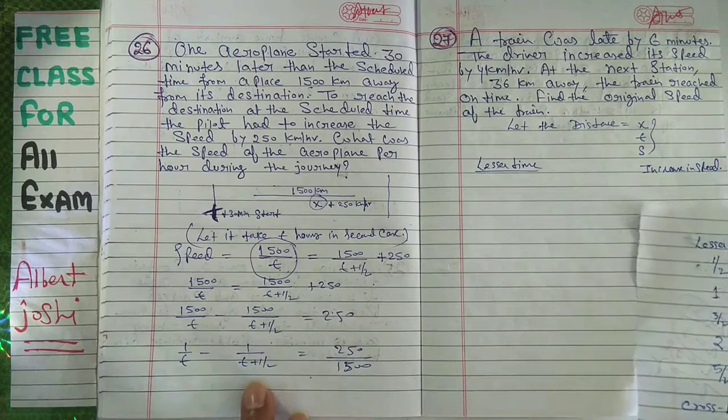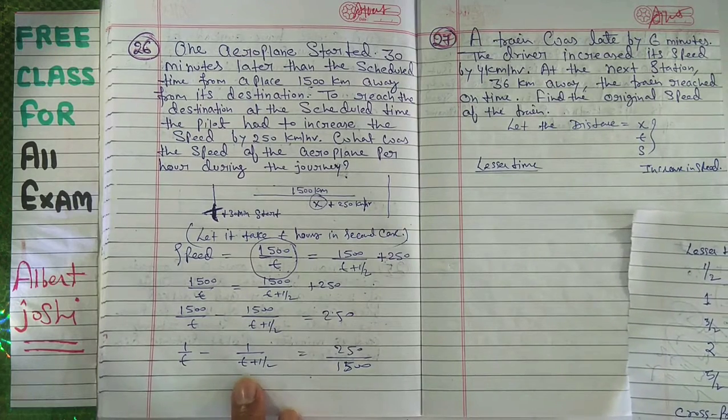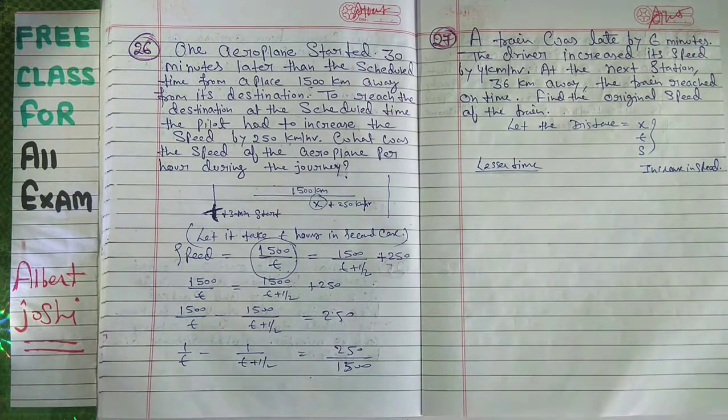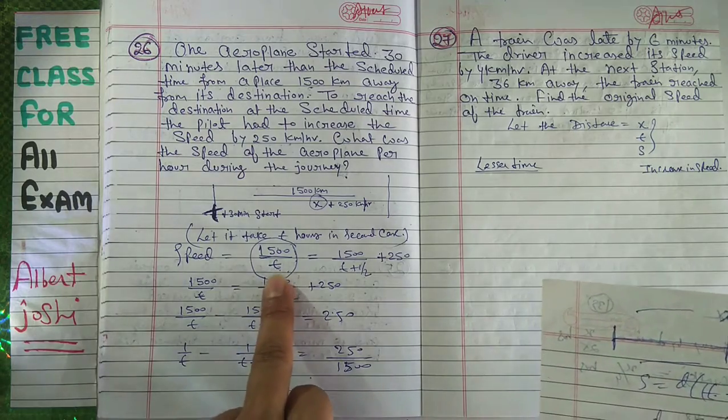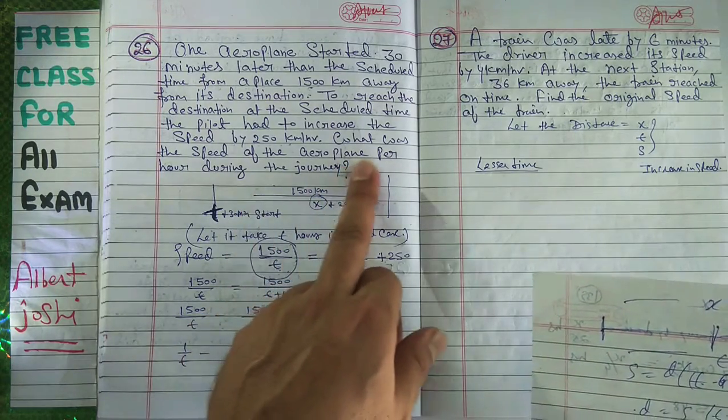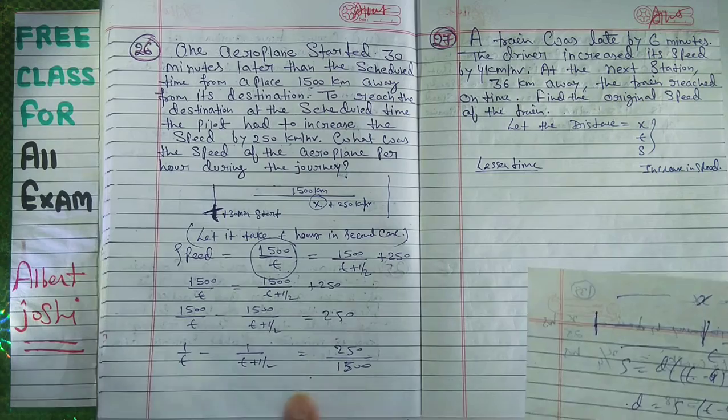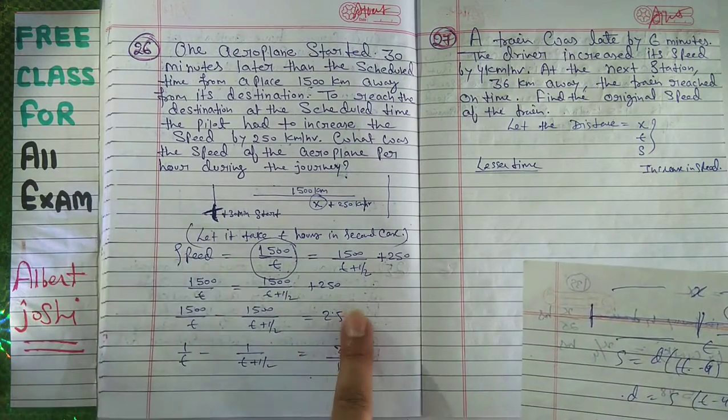This problem we have already solved. Similarly, we have found t. Once you have got t and he has asked what the speed was, if you have got t, then you can also find the speed.